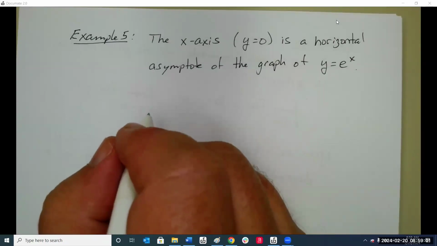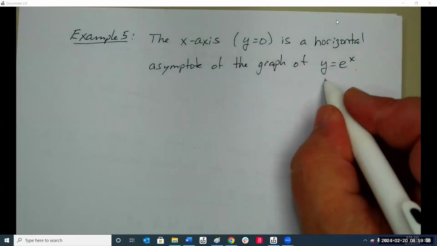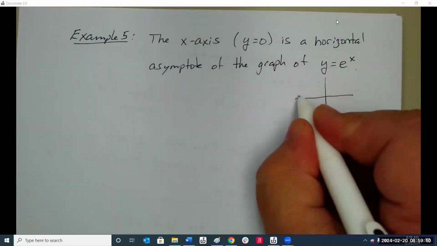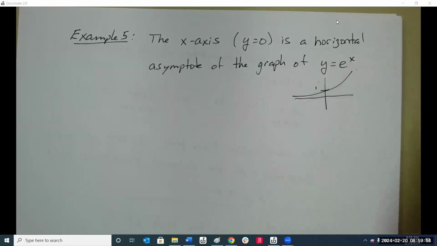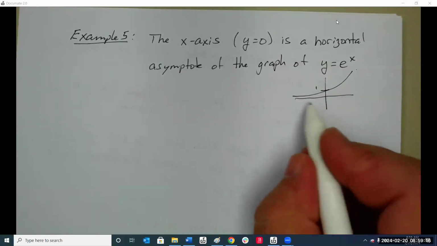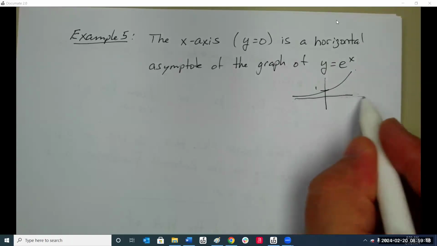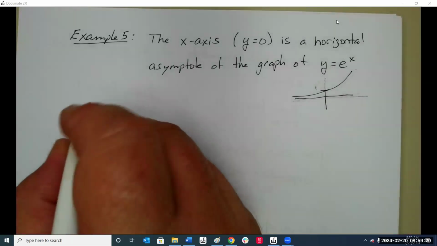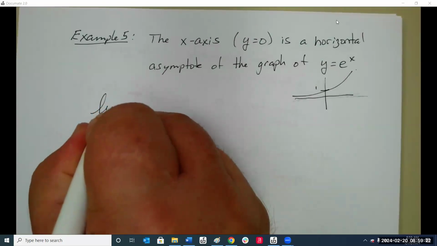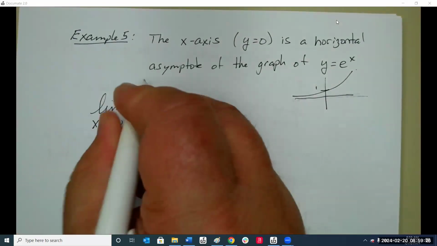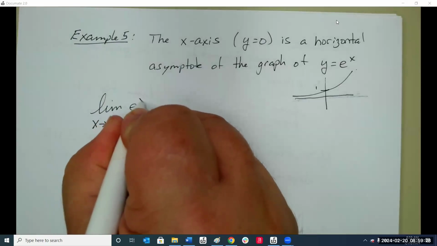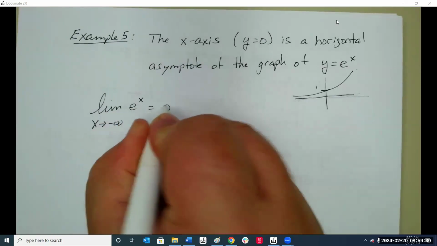What does e to the x look like? And crosses through 1. So 1, 0, the x-axis is a horizontal asymptote. So we know that the limit as x approaches negative infinity of e to the x is 0.